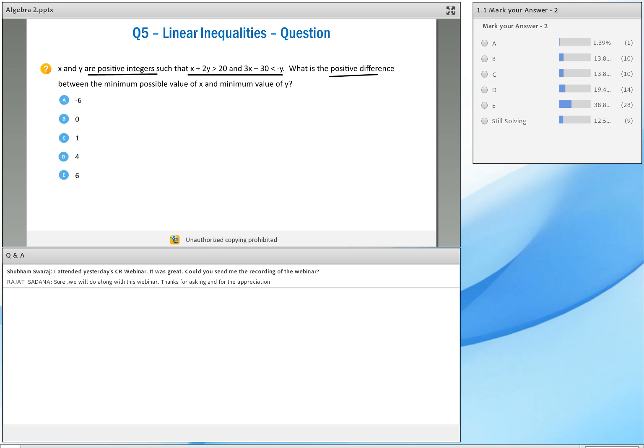I'm very glad that only one person chose -6, which means they focused on the positive difference. But a lot of people chose choices B and C, which means you probably haven't looked at the minimum possible part.